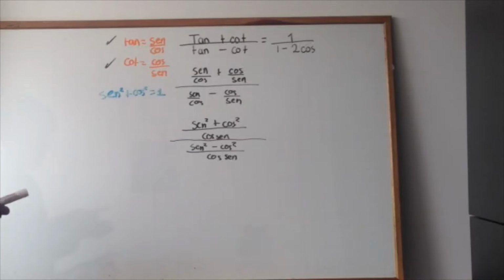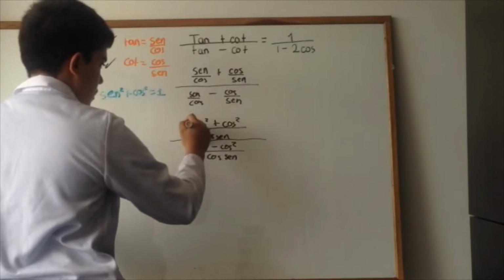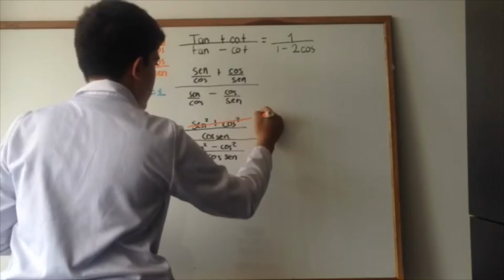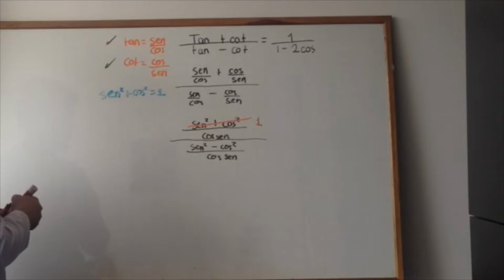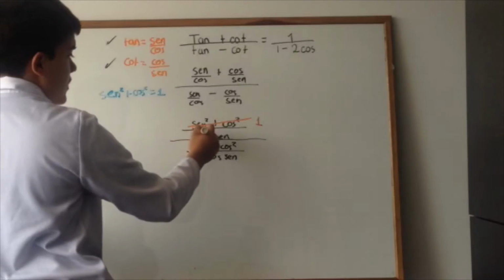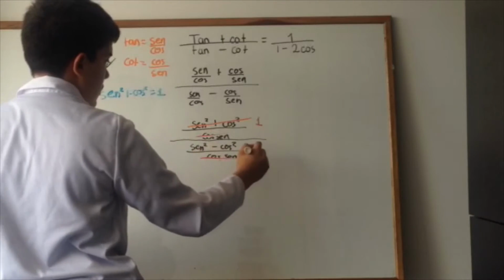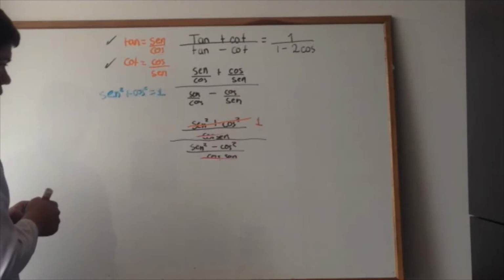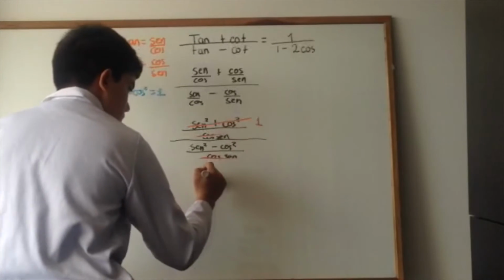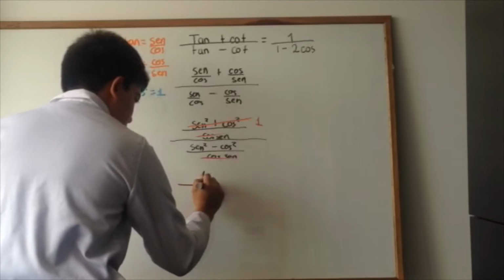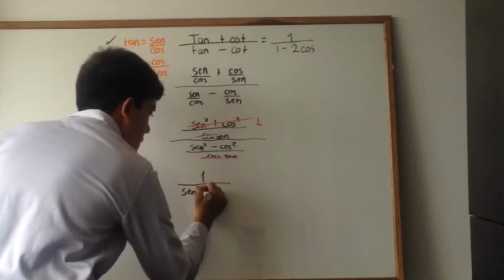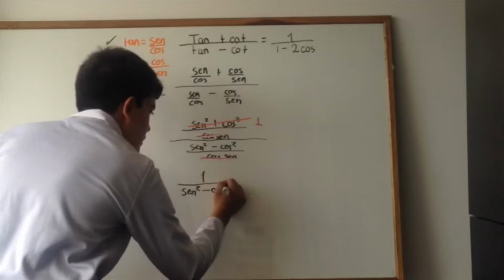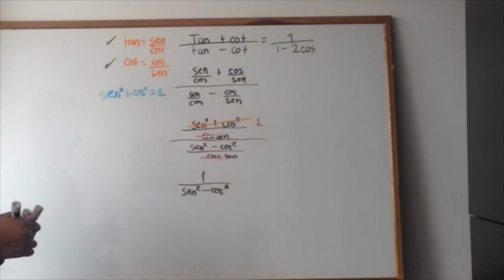So we replace this with 1 and we simplify these terms. That is equal to 1 divided by sine square minus cosine square.